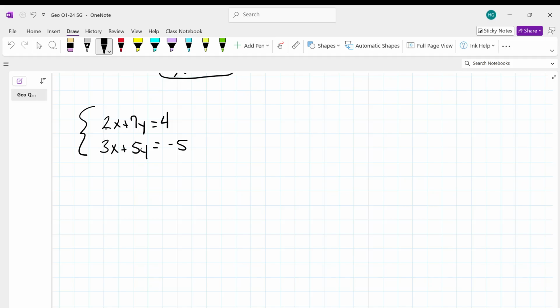2 and 3 both go into 6, right? And 6 will be easier to deal with than the 7 and the 5, which would be 35. So I'm going to try to get a 6 in front of this top x. So I'm going to multiply the top equation by 3. And I get 6x plus 21y is equal to 12.